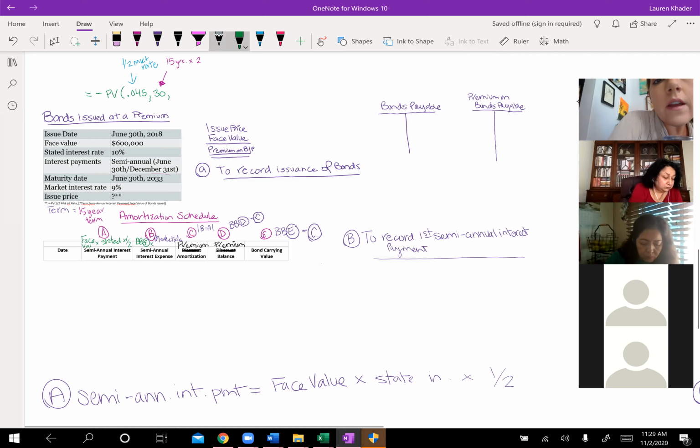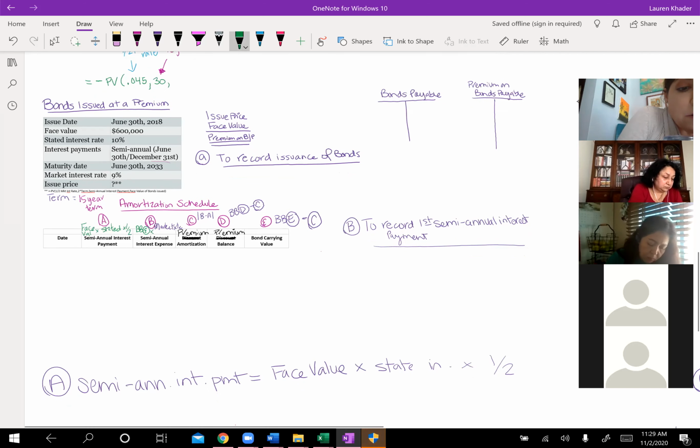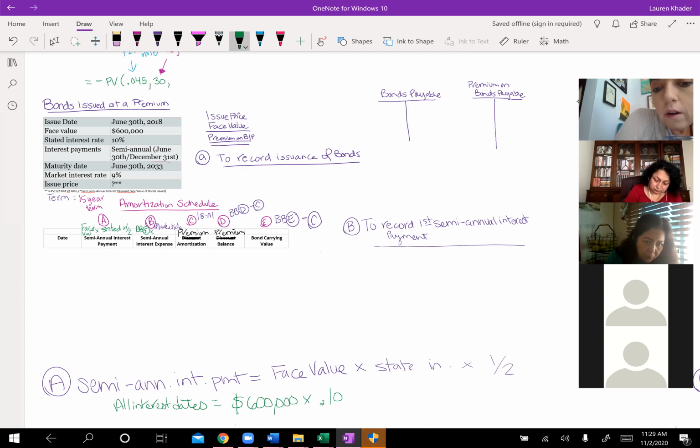The third number is our semi-annual interest payment. So we're going to do the calculation below. Face value of the bonds that were issued was $600,000 times the stated interest rate, which was 10% per year, times 1/2 because these bonds pay interest twice per year.